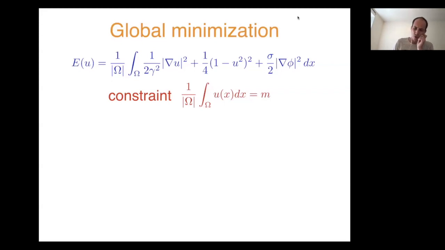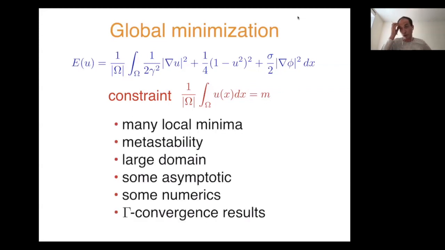Of course, always under the constraint that you know in advance how much A and B there is. You want to just fix the mixture of A's and B's in your polymers. But global minimization is difficult. Very difficult, because it turns out that there are just many local minimizers for many of the parameter values.